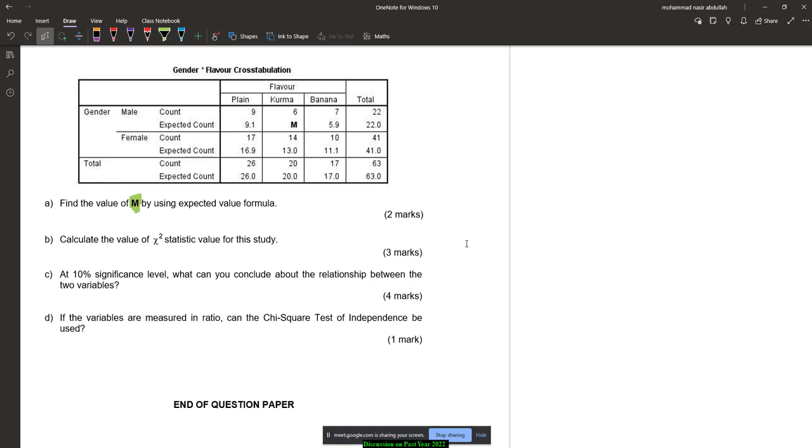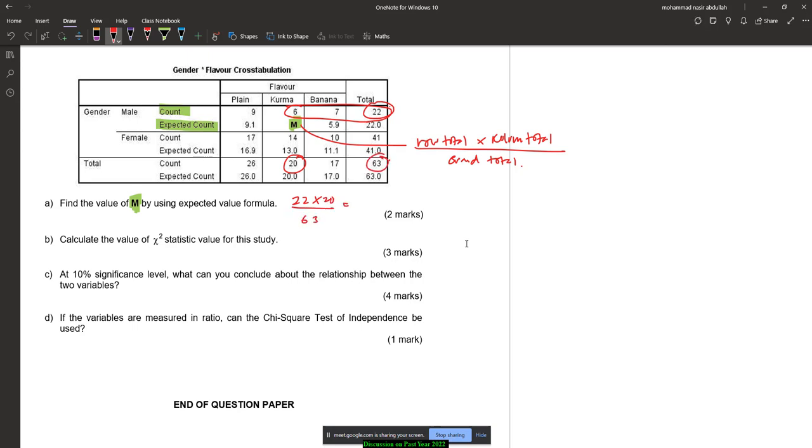So M, this one we can see here, count and expected count. Right, M is expected count. So expected count is row total multiplied by column total divided by grand total. So this one, row total is 22, column total is 20, grand total is 63.